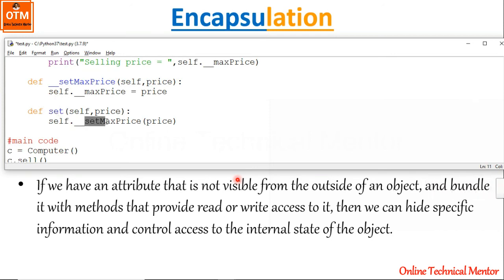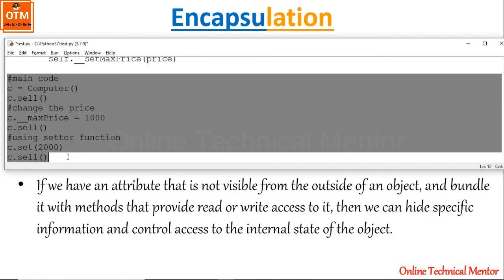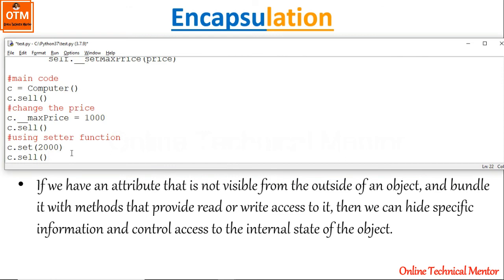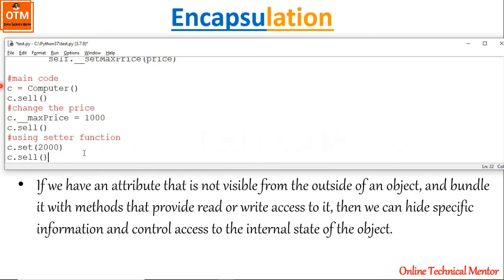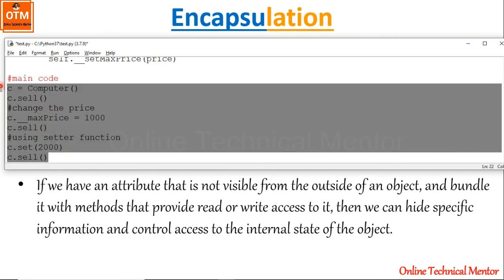The set function is calling set max price, and the set max price function in return initializes the max price variable. Then we can hide specific information and control access to the internal state of an object. So from outside the class we are hiding the private member variables and functions, and the code outside this class cannot have access to those attributes. In other words, this code has no control over those attributes.